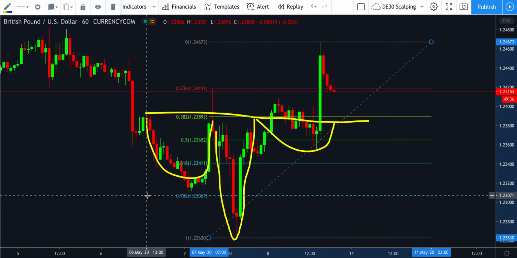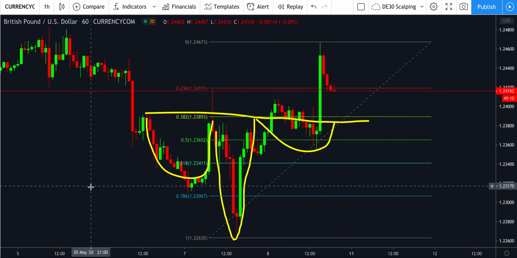But then I understood that there is no such thing as a 100% success rate, or 100% winning rate when trading. There is no such thing, and this is not even important.